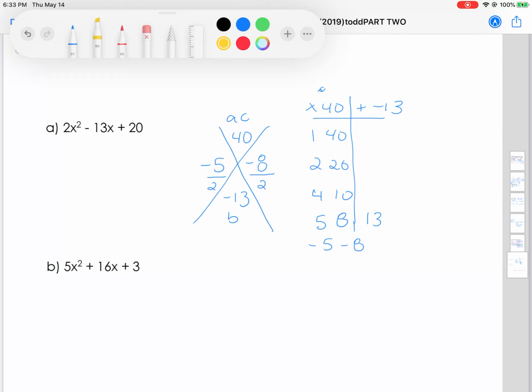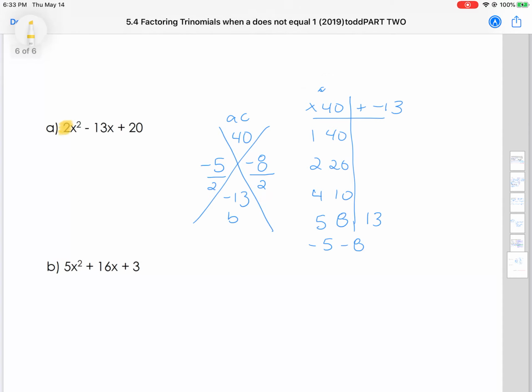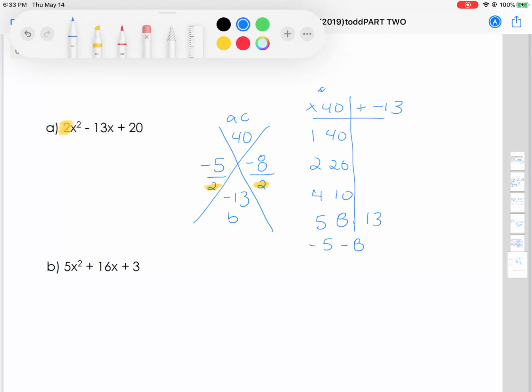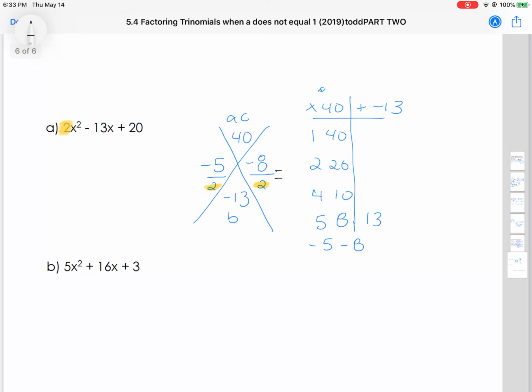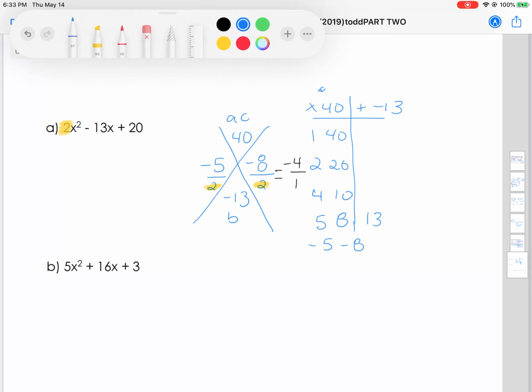So get out your highlighter, get back to yellow. So this is A, that's what you're dividing by. And you have to reduce if possible. So the first fraction here can't be reduced, but this one can be reduced to -4/1. So then you write your brackets.